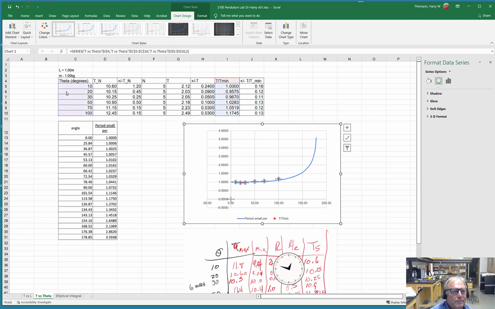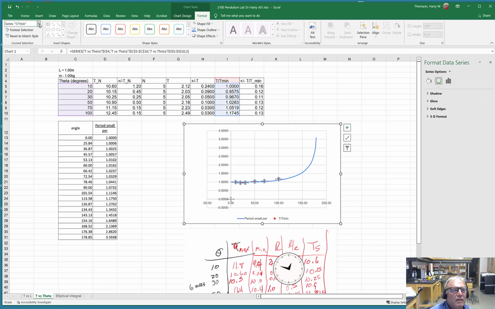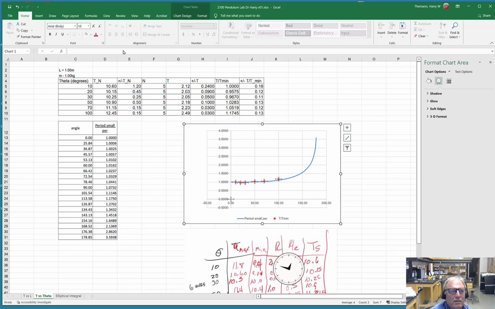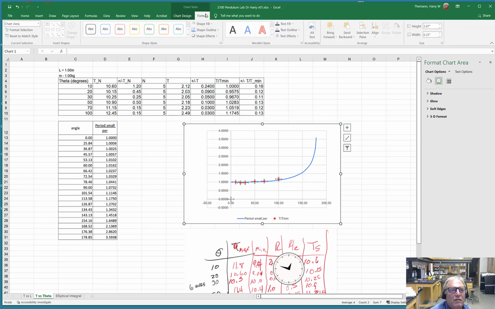So I want to fix that format and X error bars, and oh, what happened? Oh, somehow it deselected, huh?